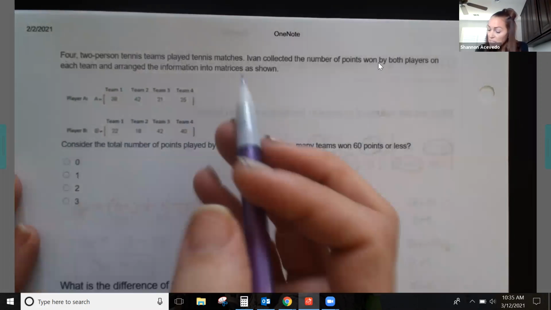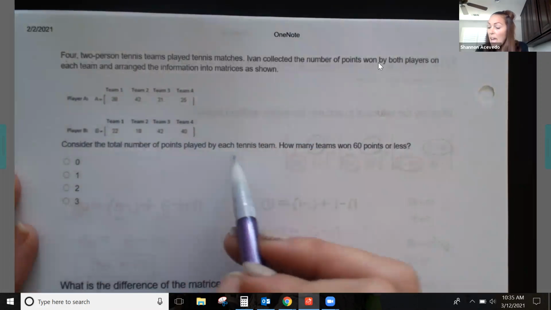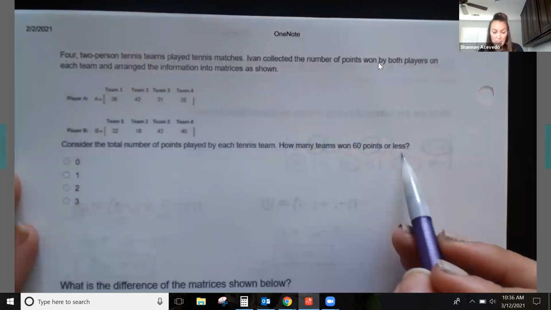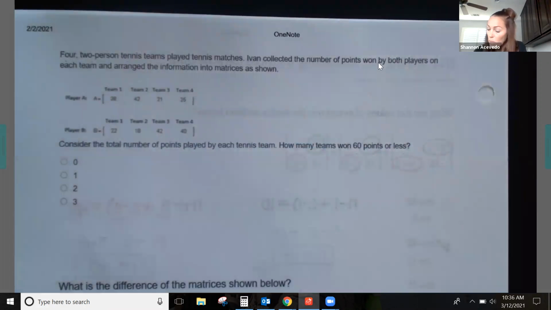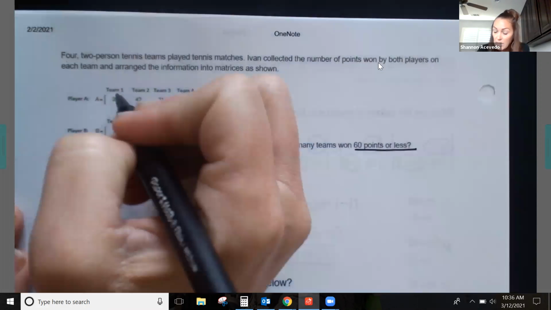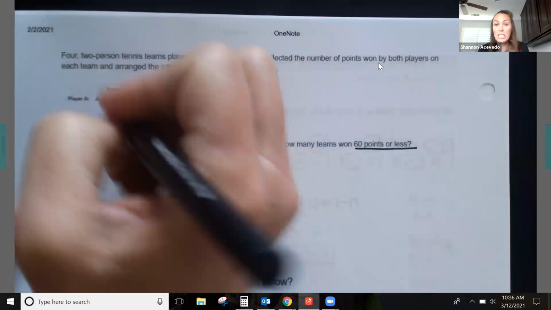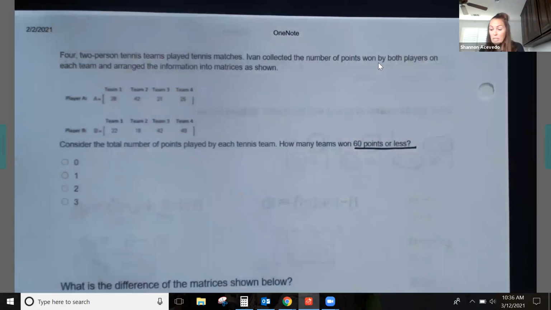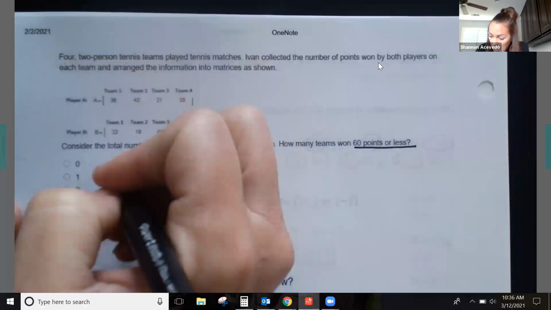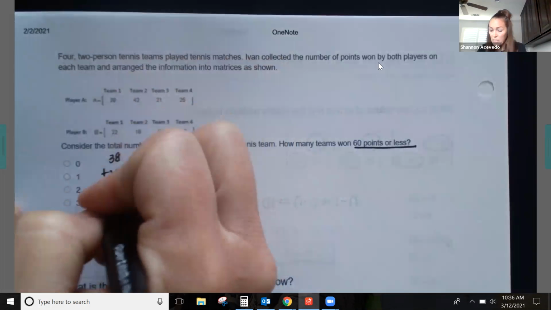And it says, consider the total number of points played by each tennis team. How many teams won 60 points or less? So we're looking for them to win 60 points or less. So team 1, this is my team 1 and this is team 1. So I'm going to look to see together how many points did they score. So this is going to give me 38 plus my 22 is going to give me my 60s. That's for team 1.